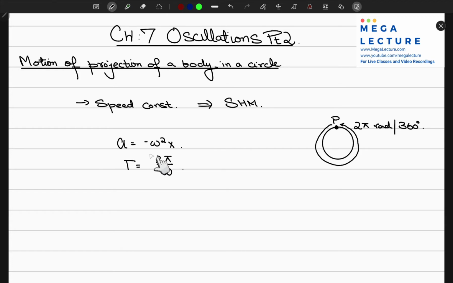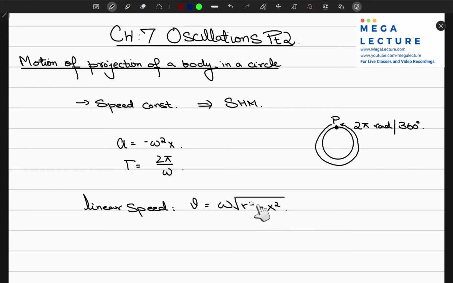So you can then find the speed of the projection, which is the linear speed, and let's denote it by v. It is given as the angular speed, omega, times the square root of r squared minus x squared.